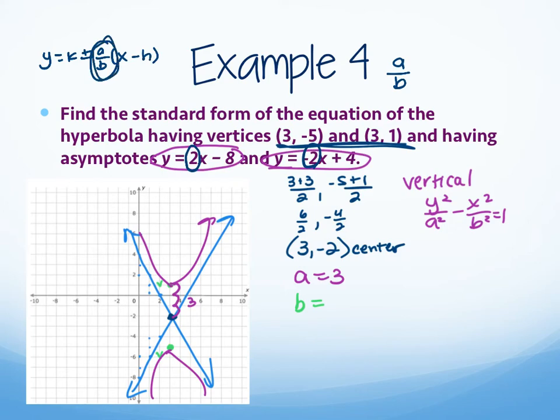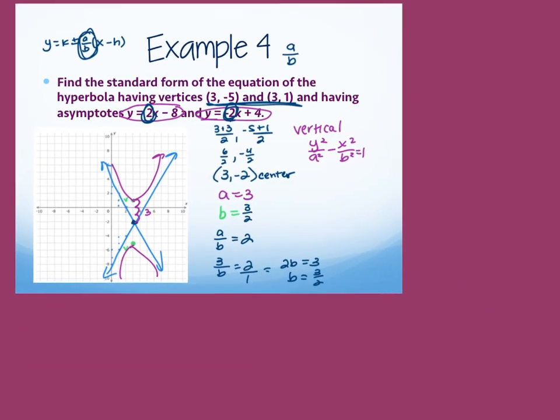So what we need is that slope part, which in this case is 2. So if a over b equals 2 or -2, because it's the same, right? This is +2, this is -2, it doesn't matter. And I know a is 3, then I can find b by cross multiplying here. 2b would equal 3, and b would equal 3 over 2. So now I have b, 3 over 2.